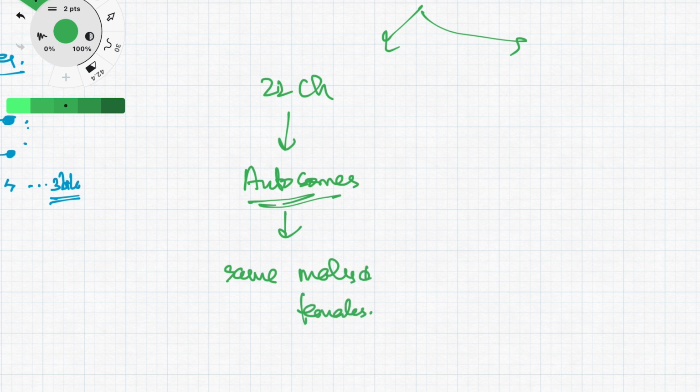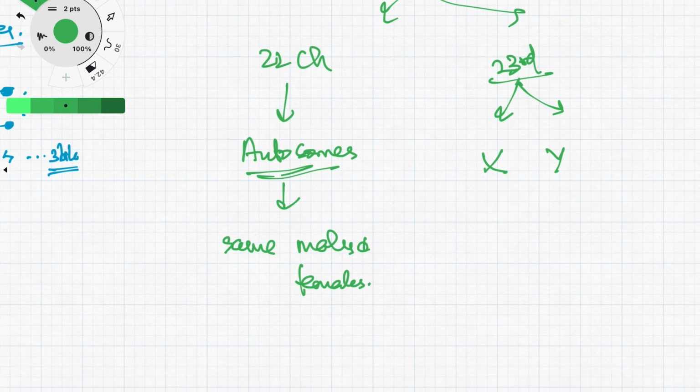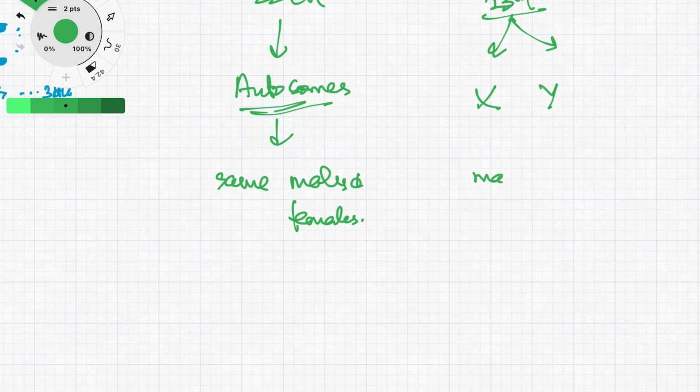But the 23rd pair has two chromosomes that are not identical. It is not a homolog. So you have one X and one Y. Males have one X and one Y chromosome pair, and females have a pair of X chromosomes.